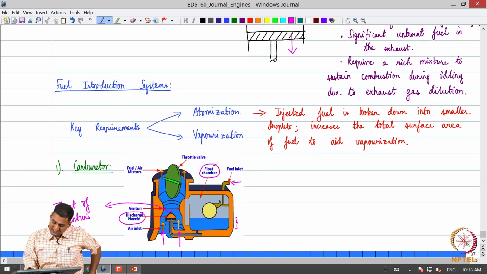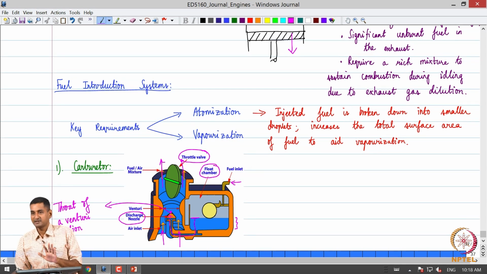Due to a pressure difference between the fuel level at the top and the throat, the fuel starts flowing, okay, and it gets mixed with the air because the air is moving at certain speed. It essentially takes the fuel, atomizes it, and then takes it downstream. The throttle valve is downstream of the venturi and the fuel air mixture goes out of the carburetor. Okay, so that is how the carburetor functions.